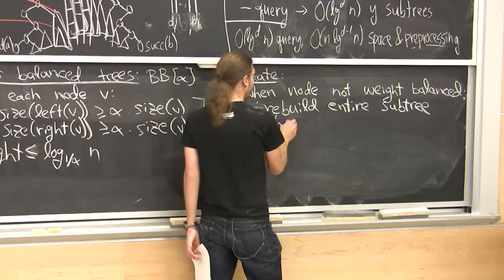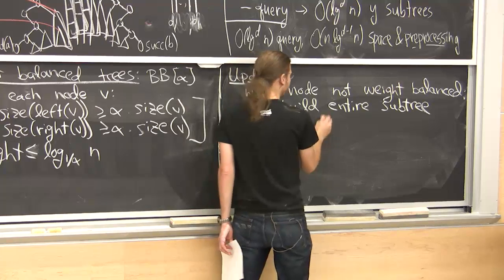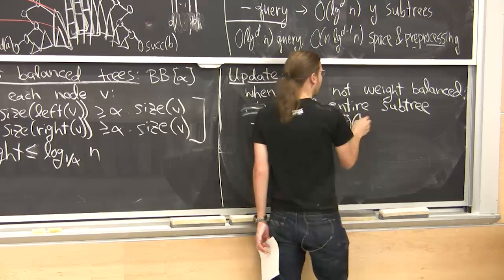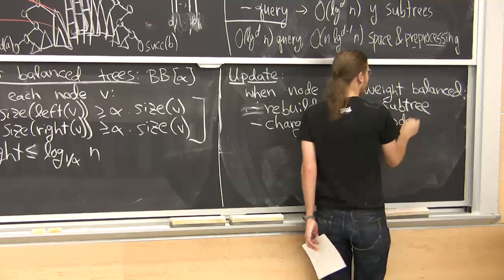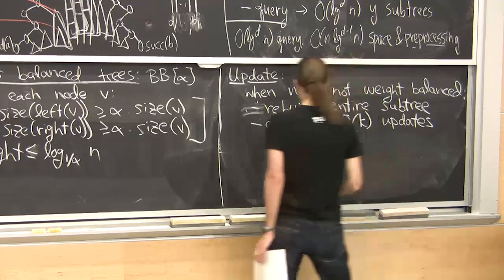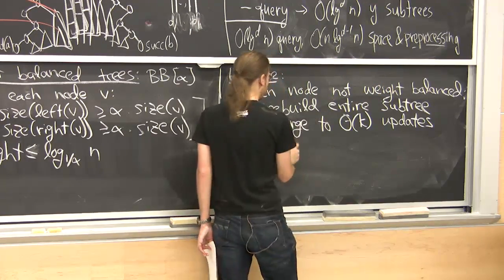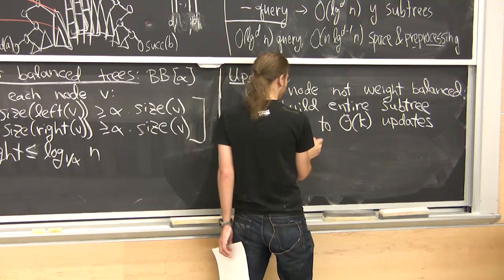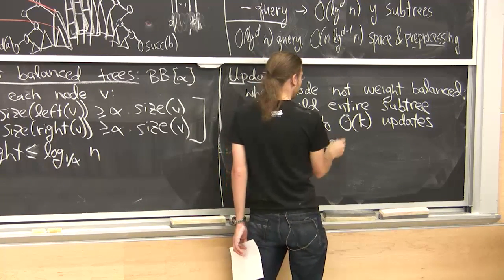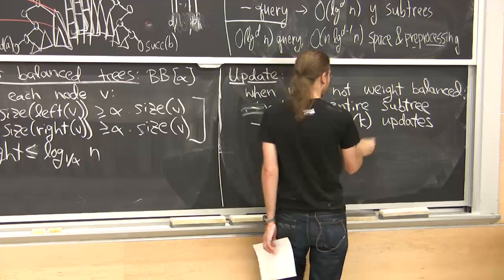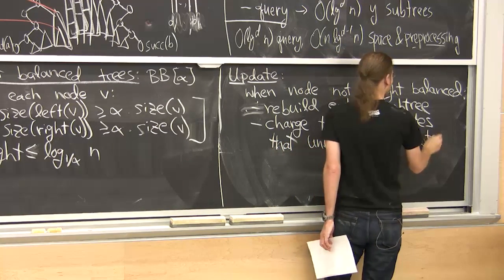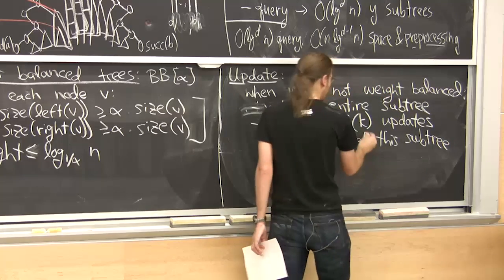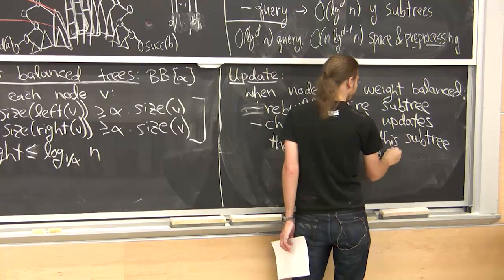So when this happens, rebuild the entire subtree, and I'm going to charge it to the theta k updates that brought about that unbalance, where k is the size of the subtree.